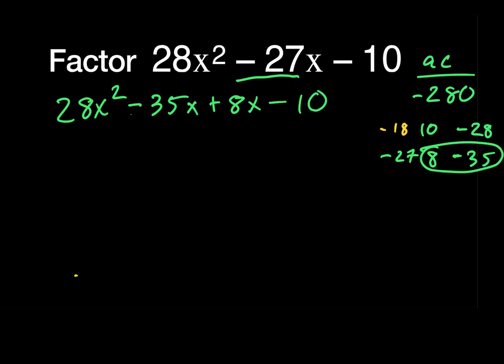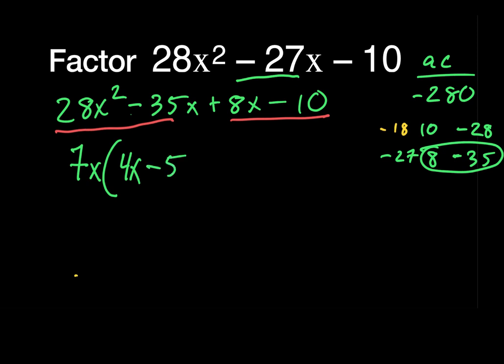And then I look at my pairs, because now I've got grouping. What number goes into 28 and 35? 7. What goes into x squared and x? X. And then I'm left with 4x, again, because if I were to remultiply those, it gives me 28x squared. Minus 5.